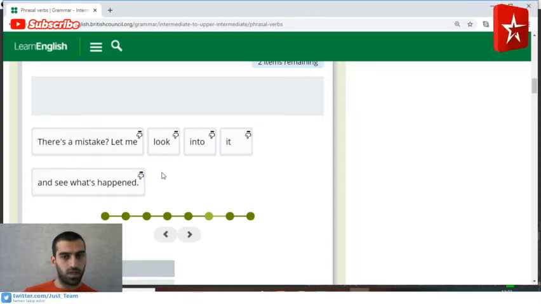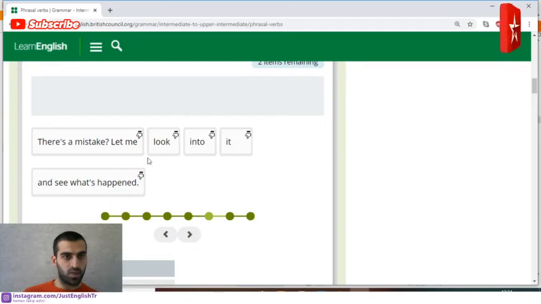Yes, there's a mistake. Alright, there's a mistake. Let me look into it and see what's happened. Okay, so let me check your comments, if your answers are correct or not, and then I will let you know. For this sentence, we have to use it like this. There's a mistake. Let me look into it and see what's happened.